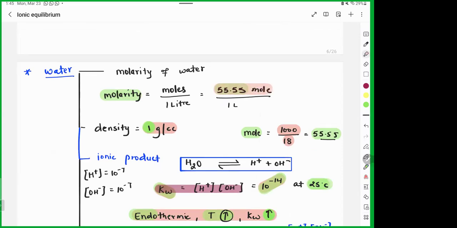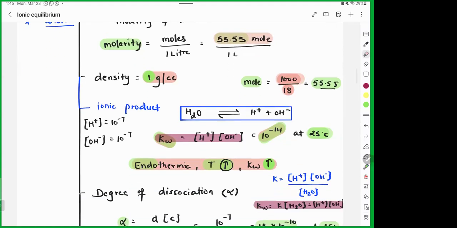Why? Because you take 1 liter equal to 1 kg or 1000 gram, and you take molar mass as 18, so 1000 by 18 will be 55 mole. Correct? Density 1 gram per cc. Ionic product: if you break H2O, it will break into H positive and OH negative.